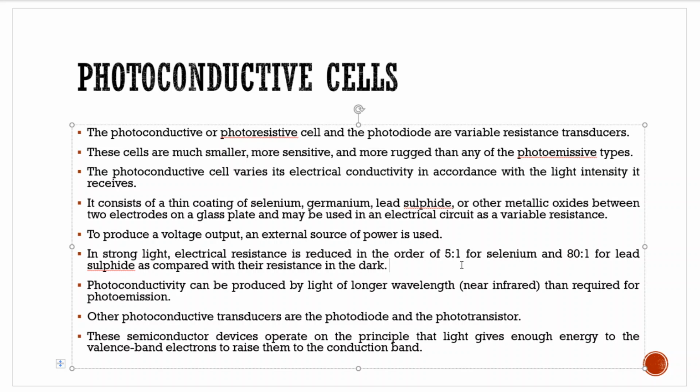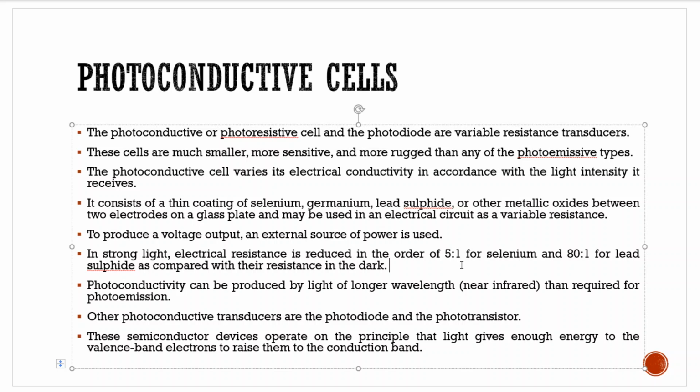It becomes a better conductor, as a lesser amount of energy is required. So the resistance of this device reduces with increase in light. That change in resistance can be measured using any bridge, and that will give us an equivalent proportion of light falling on these devices.